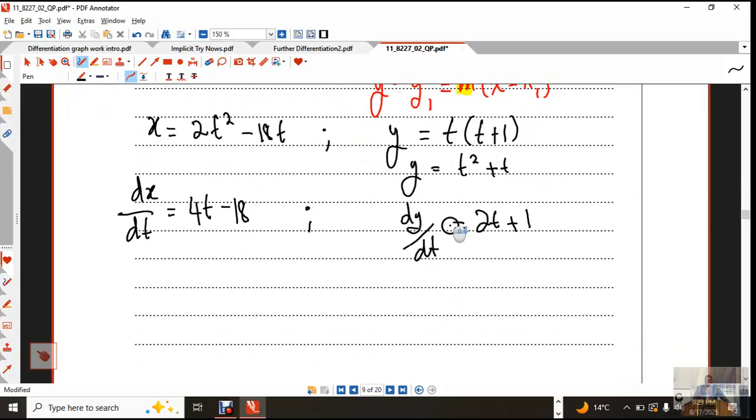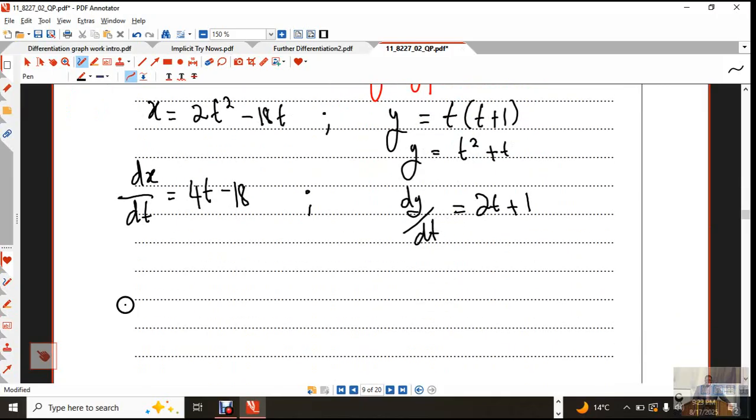Now let me also take note of something, because we're going to use the chain rule. If dx/dt is equal to that, then dt/dx will be the opposite of that, which is 1 over 4t minus 18. Let's just correct that 4.